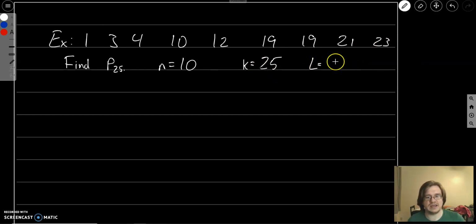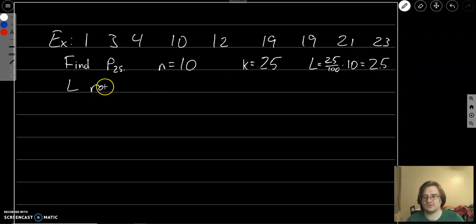Well, this is going to be L. So 25 divided by 100 times 10. This is 2.5. This is not a whole number. I can't find the 2.5th number in this list. There's a first number, second number, third number, fourth number, and so on. But there's no 2.5th number. That doesn't really make sense. So what we do is we round up.